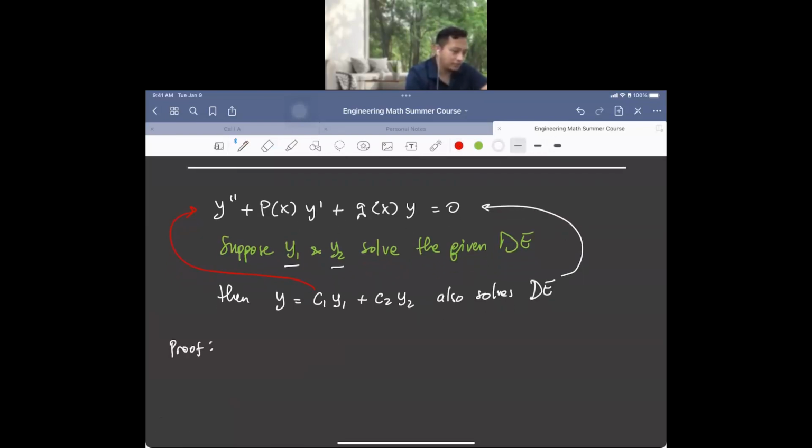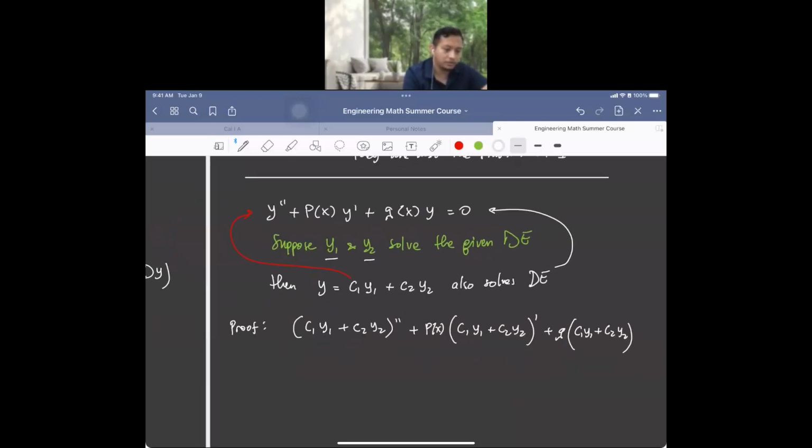Proving that c1 y1 plus c2 y2 double prime, it means that we are going to differentiate twice, and then plus p of x times y prime of c1 y1 plus c2 y2, differentiated once, and then plus q times c1 y1 plus c2 y2.